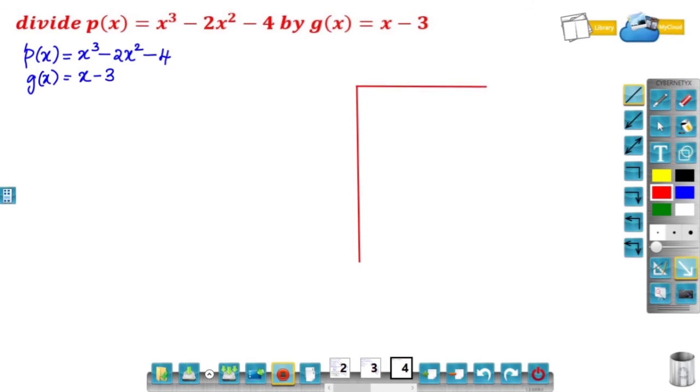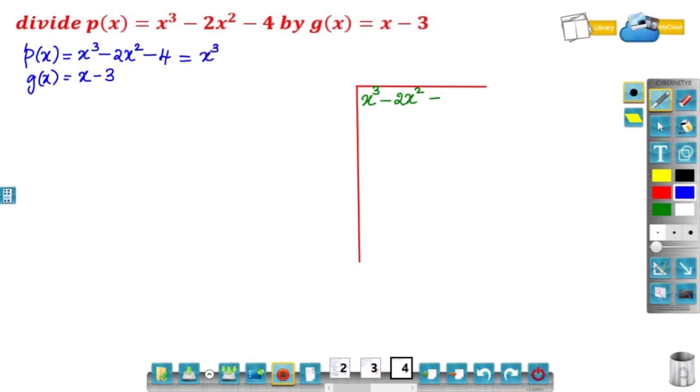Now the first step is you have to check whether it is in the standard form or not. x cube minus 2x square. Yes, one power is missing. Term with x is missing, so you have to write 0x.